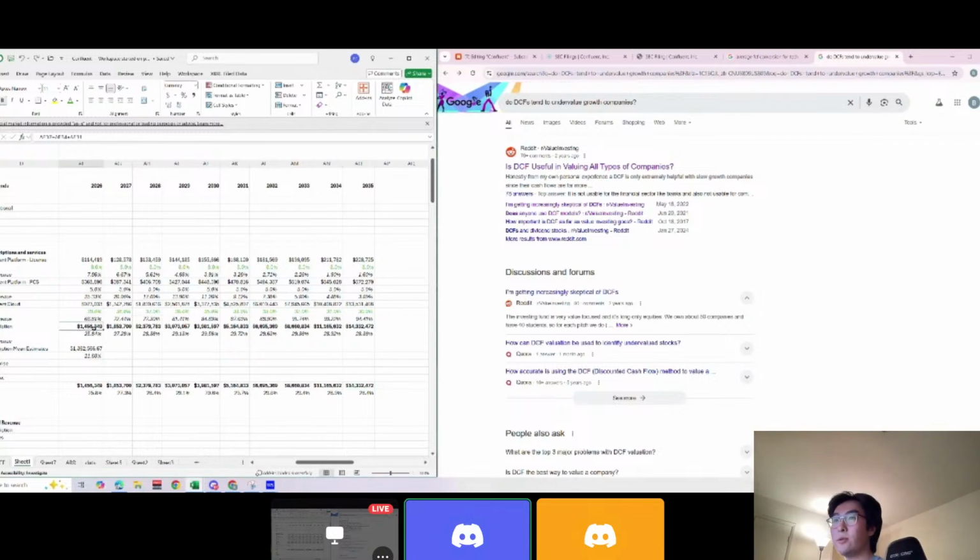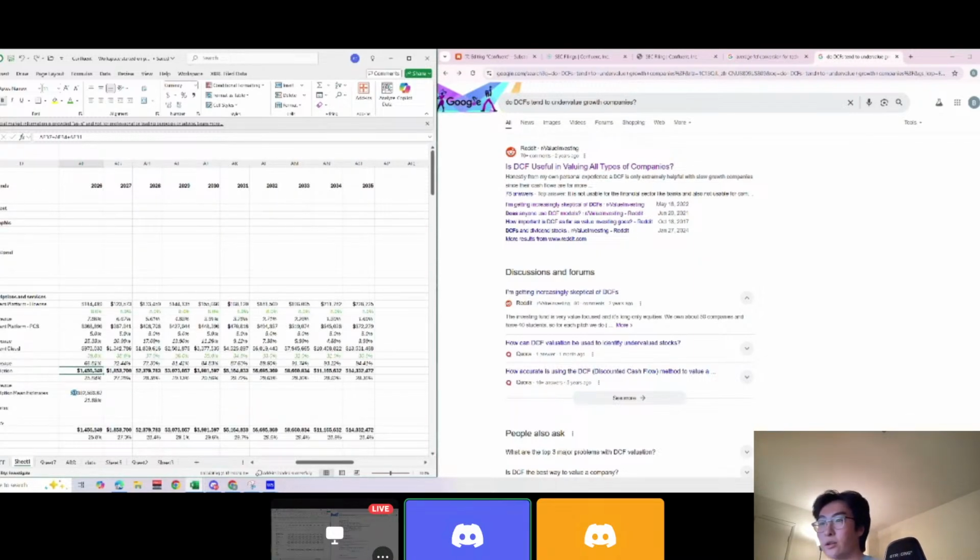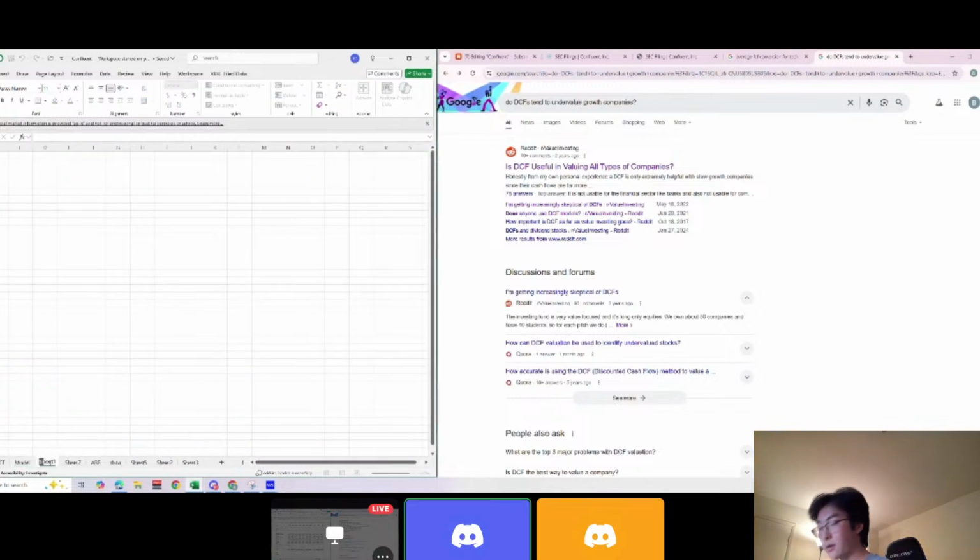So now that we have this, another thing I do want to take a look at is, we'll call this model comps. All right, so we have Palantir, Snowflake, MongoDB, HashiCorp maybe, Cloudflare. Oh, and then Elastic.